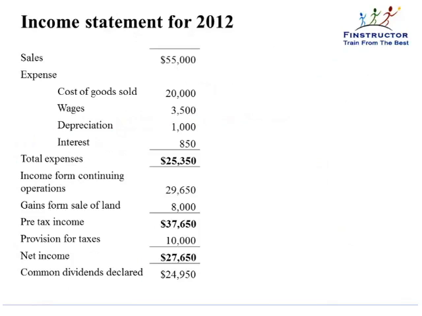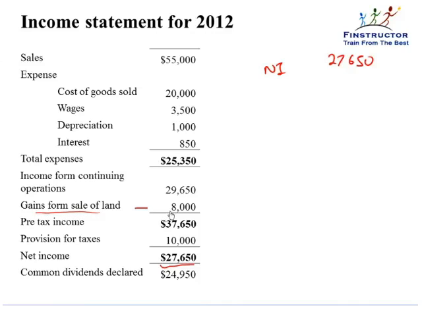So in the same example, we'll start with the income statement, and we see that the net income is $27,650. So to begin with, we'll assume that this is the cash flow from operations. However, we see that this income statement has an $8,000 contribution from a gain on sale of land.